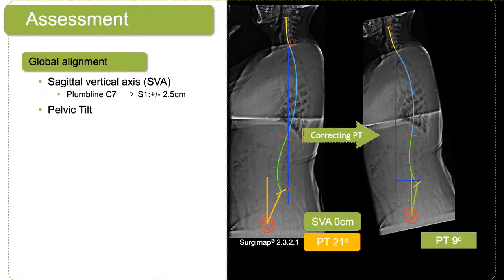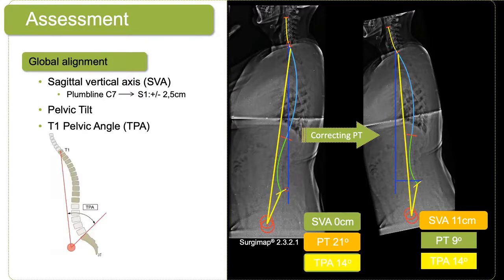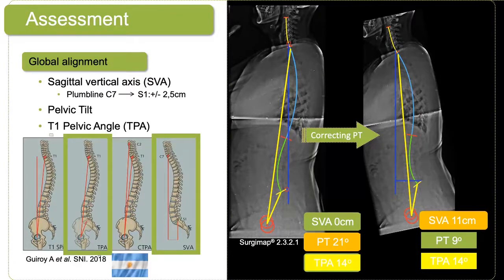If you want to measure just one parameter, an option is the T1 pelvic angle, the TPA. It is measured between the line connecting the center of the S1 end plate and the femoral heads, and the line connecting the center of the femoral heads to the center of the T1 body.